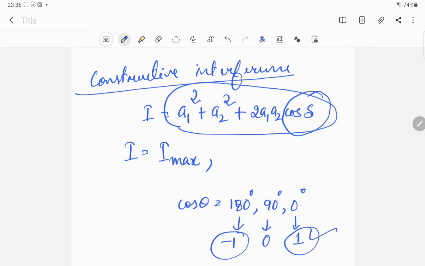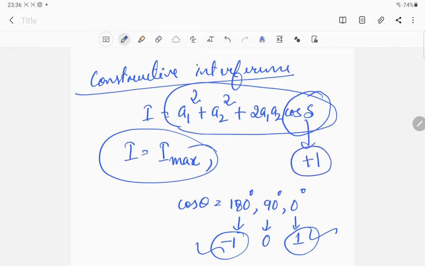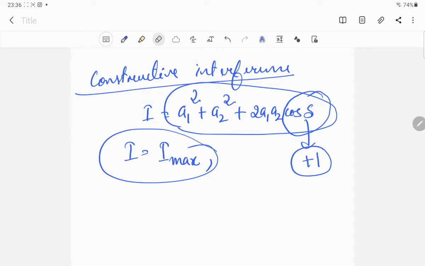Maximum it can become +1, minimum it can become -1. So if I has to become I max, cos delta must be equal to +1. Then only it will be a plus sign, it will be addition. So I equals I max only when cos delta equals +1.